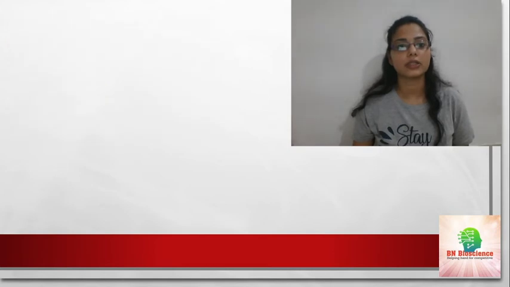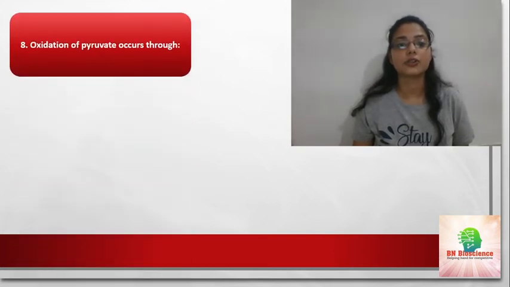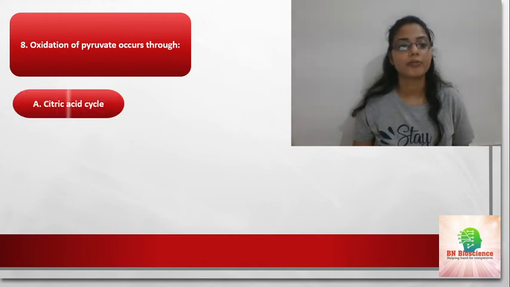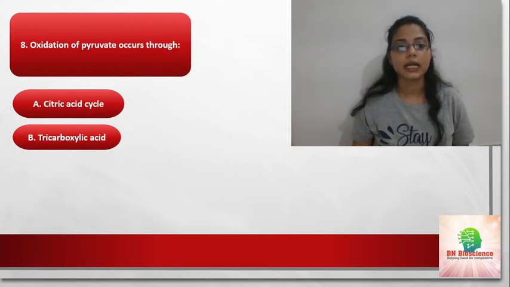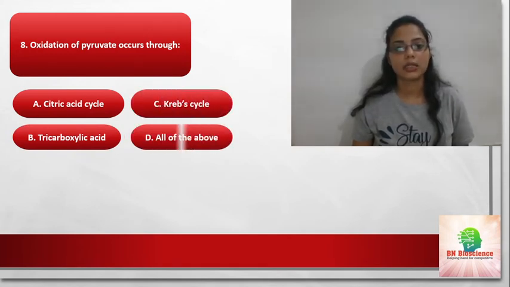So next question is number 8. Oxidation of pyruvate occurs through, the options are A, citric acid cycle, B, tricarboxylic acid, C, Krebs cycle, D, all of the above. So the oxidation of pyruvate is the mixing of oxygen molecule with the pyruvate.